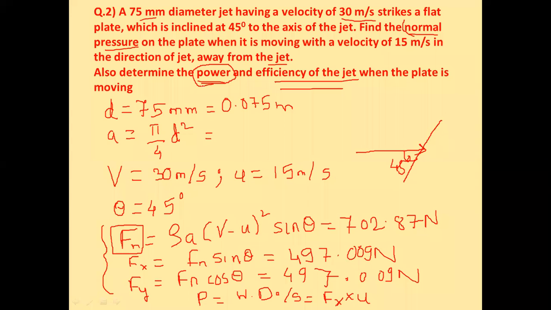Your concepts should be clear in order to avoid confusion. So you can directly find Fx, we know the value 497.004 or 497.009, multiplied by u, velocity of plate, which is 15 meter per second.